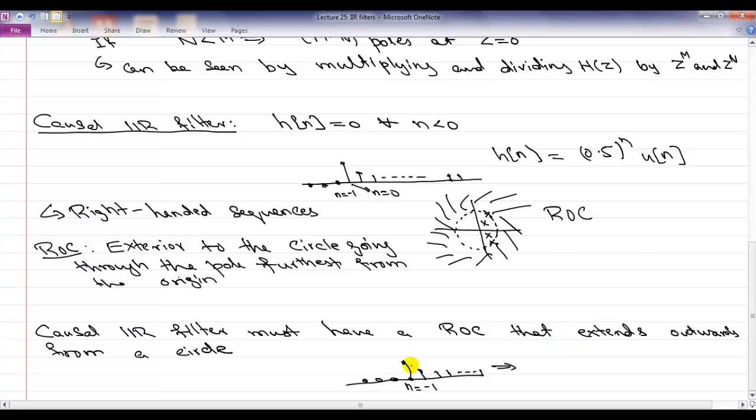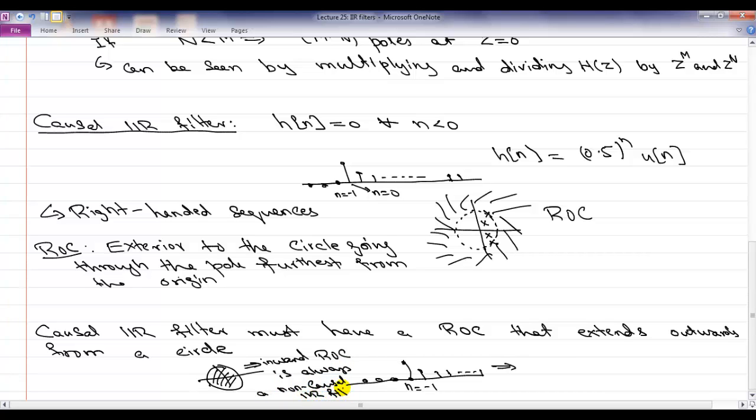However, if I give you an ROC which is like this, and it is an IIR filter, then you know for a fact that it is not causal. So an ROC which is going inward is always a non-causal IIR filter.